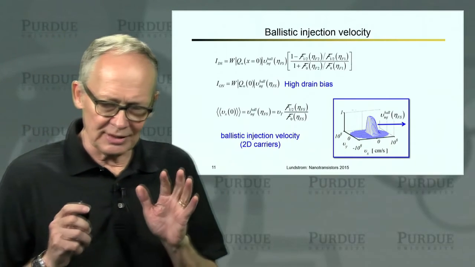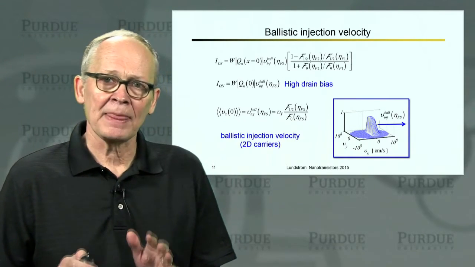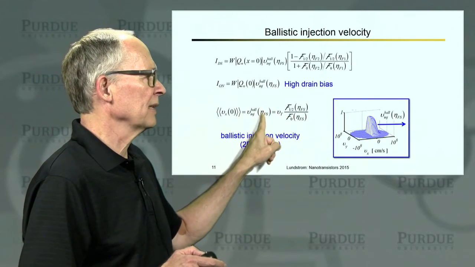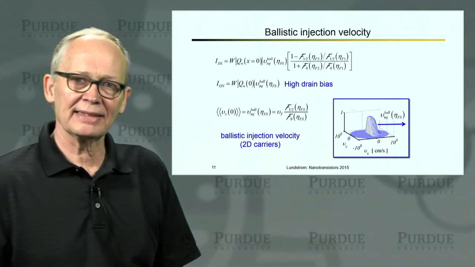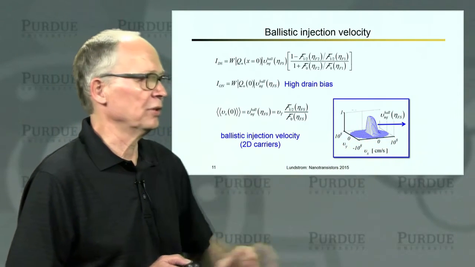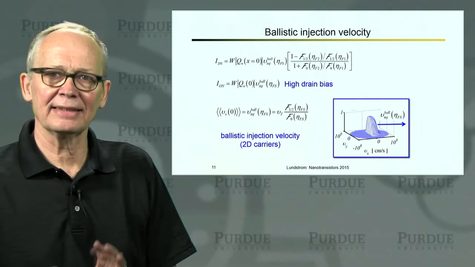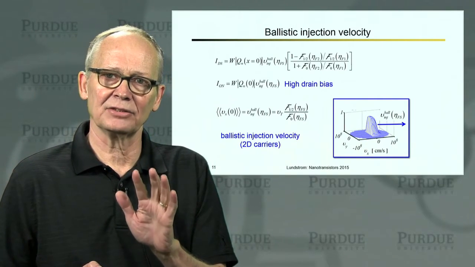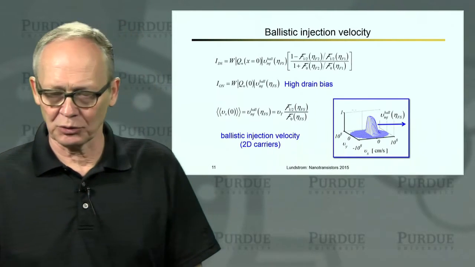The takeaway message here is that the velocity under on-current conditions is something that we're going to call the ballistic injection velocity. Physically, it corresponds to the average velocity of this positive half of the electron velocity distribution that entered from the source.